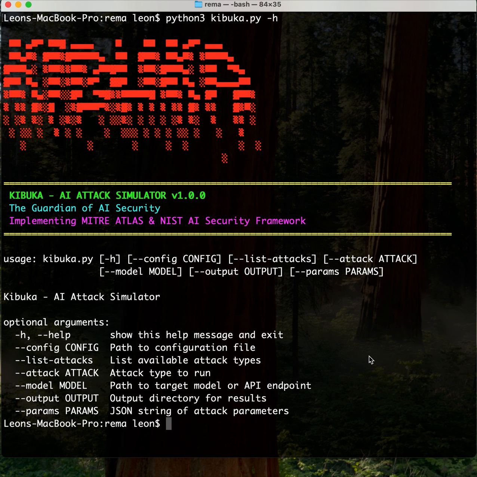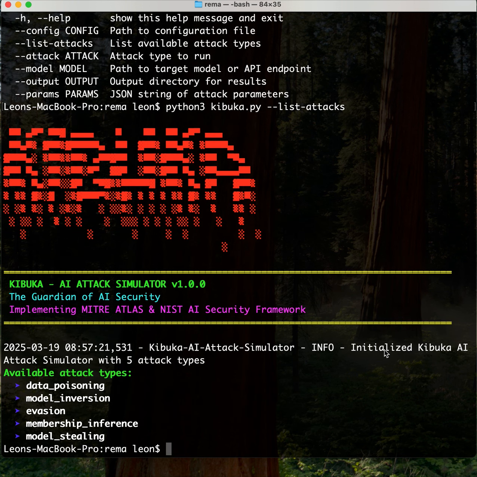For example, when I run the help tool here, we can see the list of available attacks that we have so far in Kibuka. So instead of help, if I tell it to list attacks, Kibuka will show you that the available attack types are data poisoning, model inversion, evasion, membership inference, and model stealing.